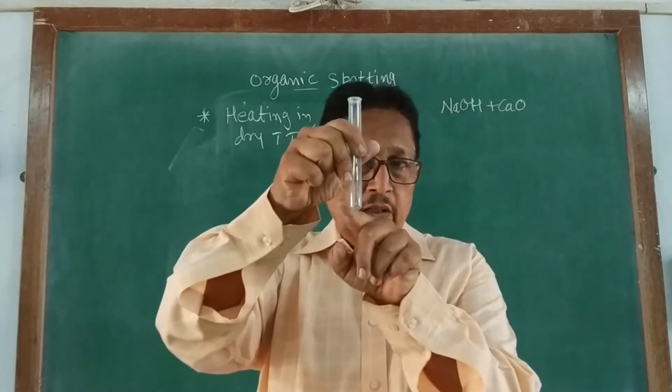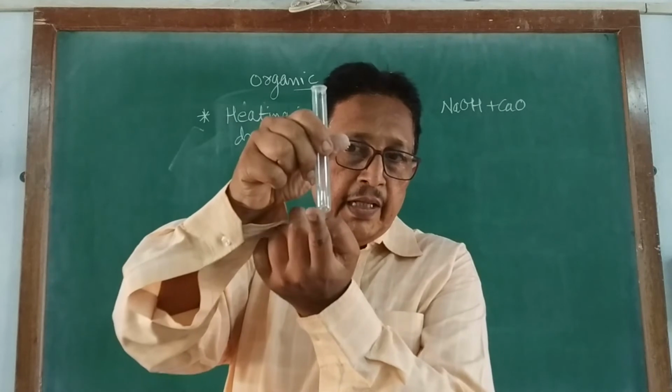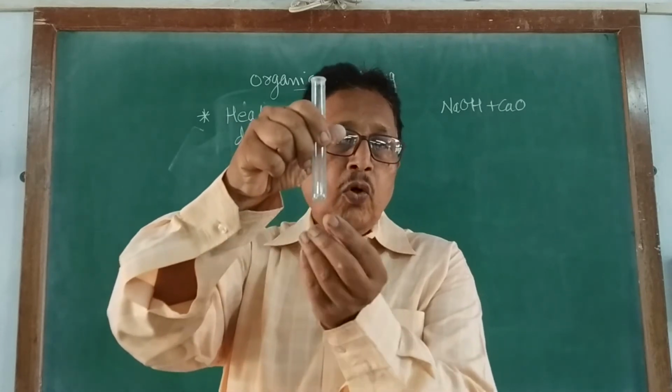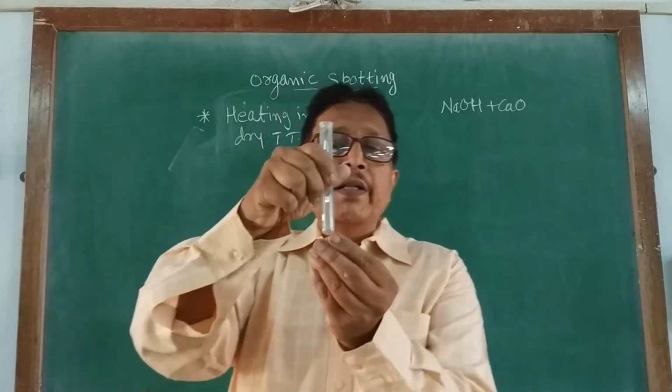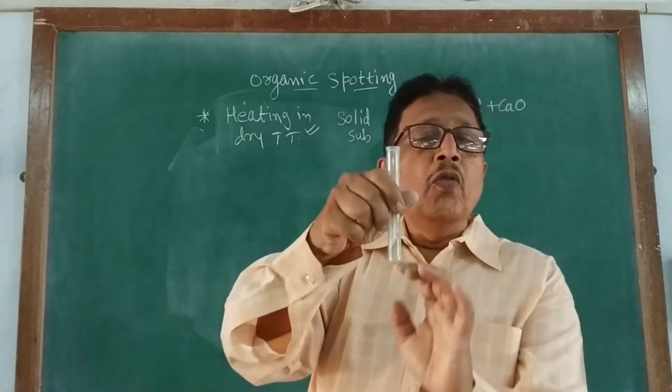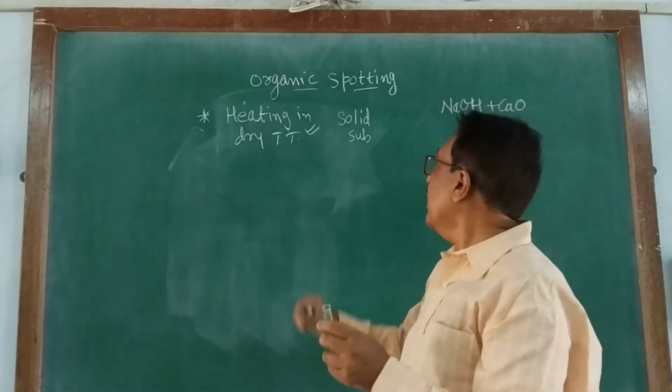Here you can recognize there is a curve. So take the substance in such a way that this curve will be filled, not higher or in excess of the substance. Okay?